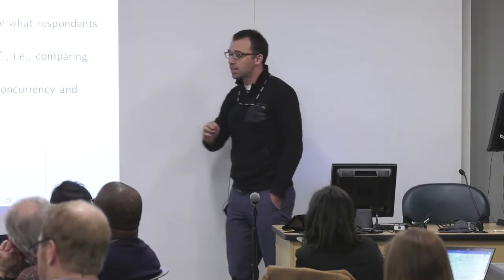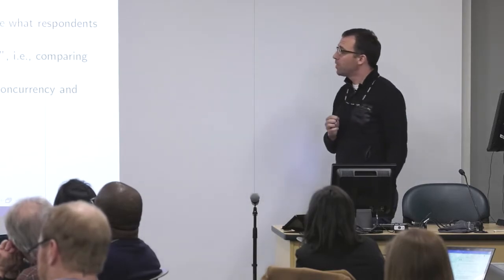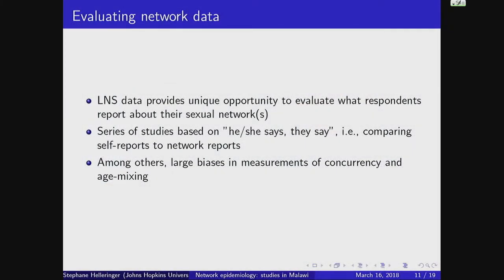The first, this type of study in which we have a network census provides a unique opportunity to evaluate what respondents report about their sexual networks and relations. And so to exploit this feature, we did a series of studies of what we call he says, she says, and then they say, because we can compare the reports of an individual to the larger report of the networks, including the engagement of various individuals in risk behavior and things like this.